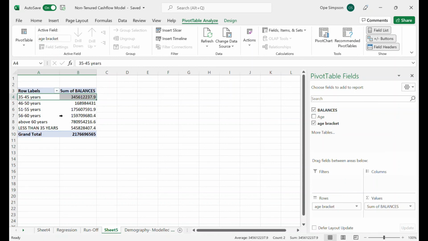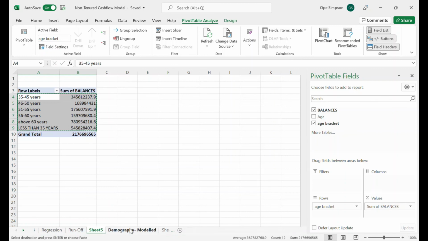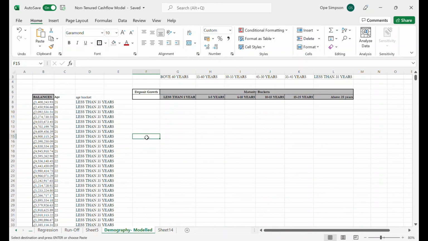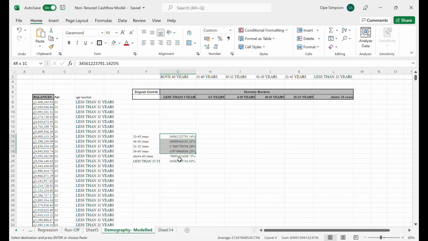And we copy and take this information to our demography model page, and put them in the different time buckets.